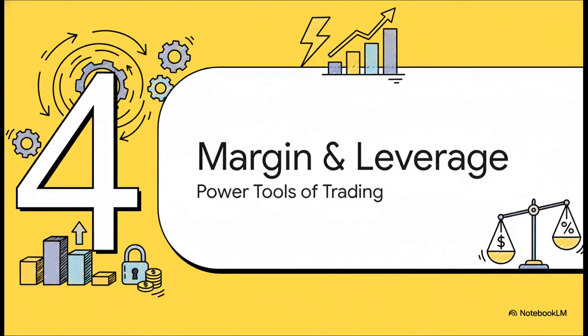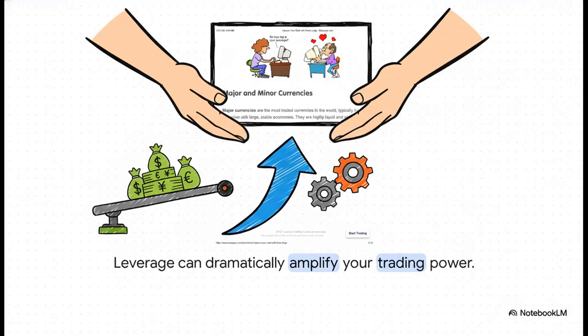Okay, we've covered the basics. Now let's get into two of the most powerful and, let's be honest, often misunderstood concepts in Forex: margin and leverage. These are the real game changers. This little cartoon from our source material asks a fun question, but it gets at a really serious concept. Leverage is a tool that can dramatically, and I mean dramatically, amplify your trading power.